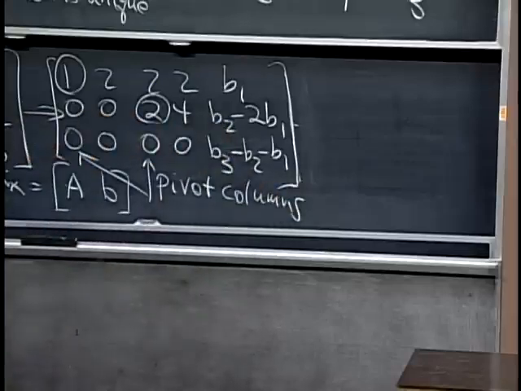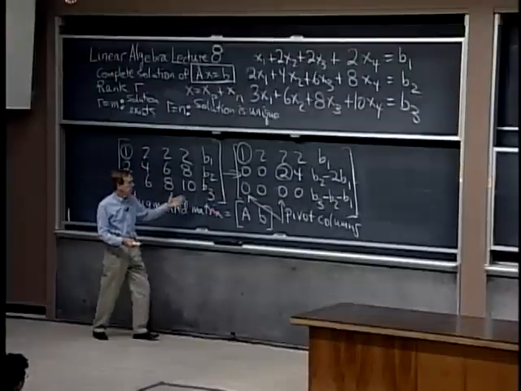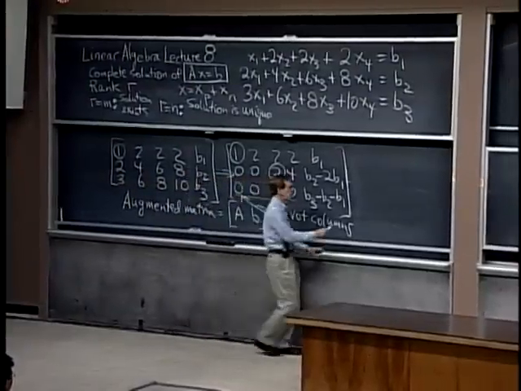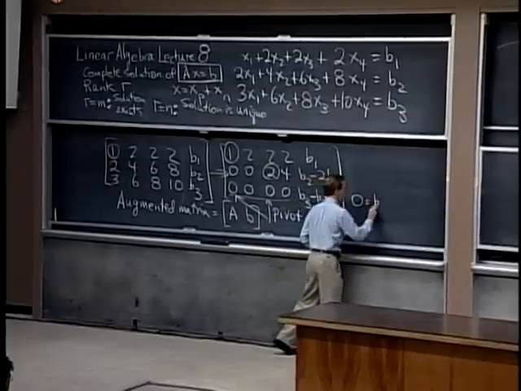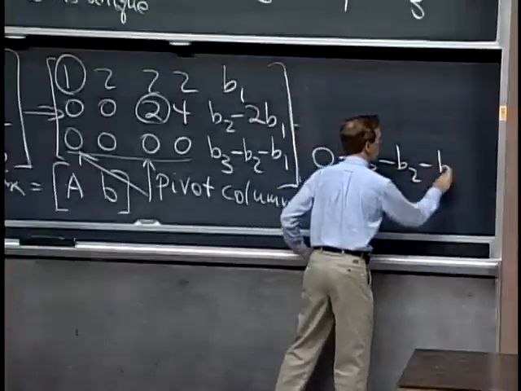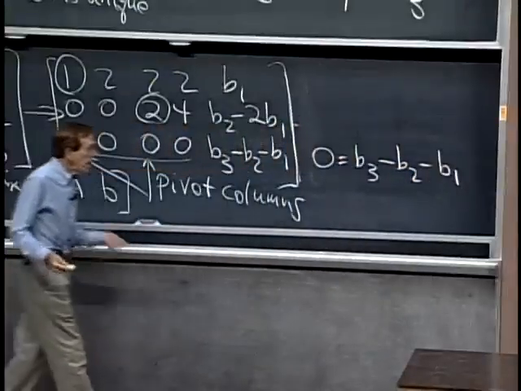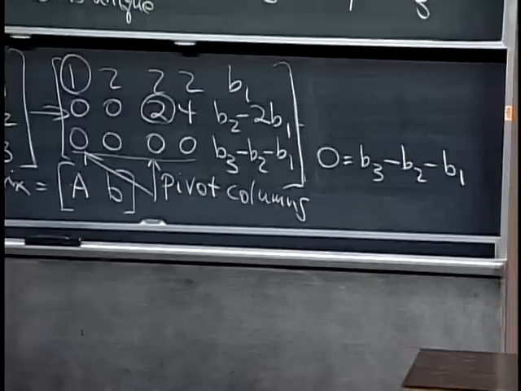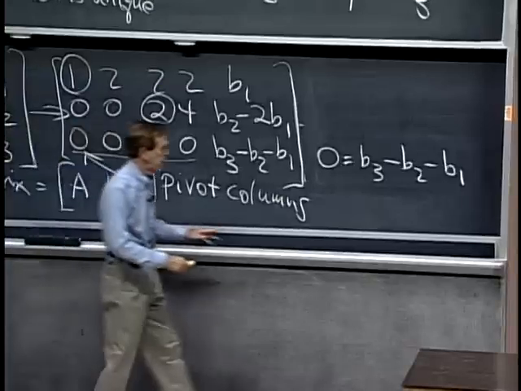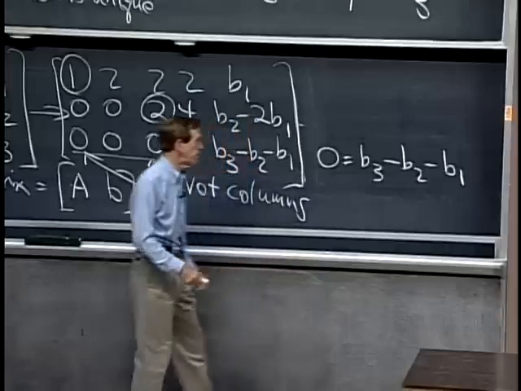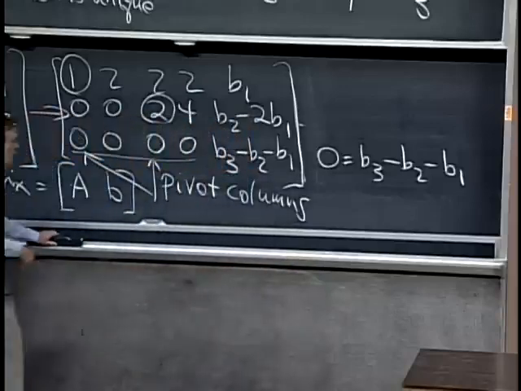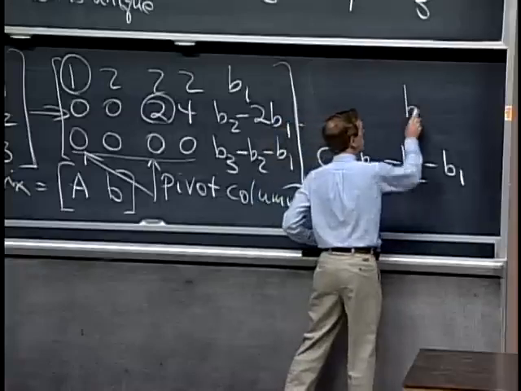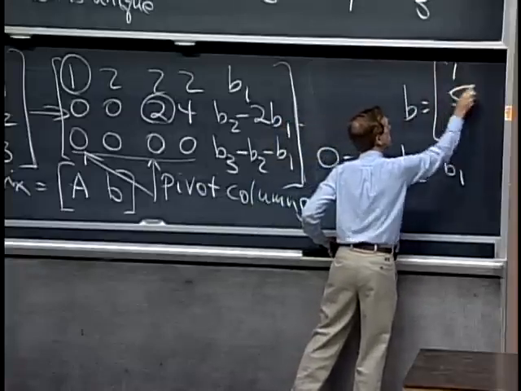So now, what's the last equation? The last equation, represented by this 0 row, says 0 equals b3 minus b2 minus b1. So that's the condition for solvability. That's the condition on the right-hand side that we expected. It says that b1 plus b2 has to match b3, and if our numbers happen to have been 1, 5, and 6, so suppose b is 1, 5, 6.